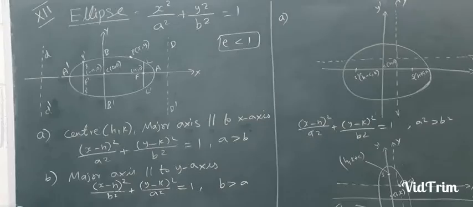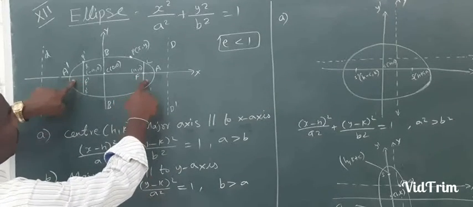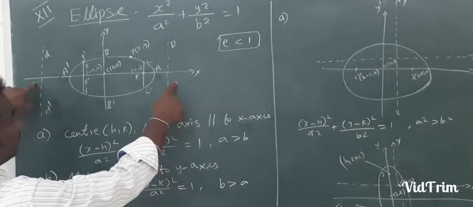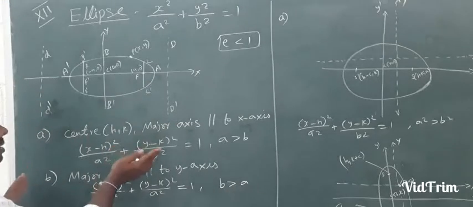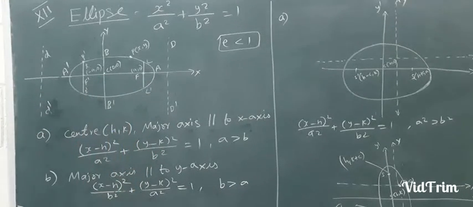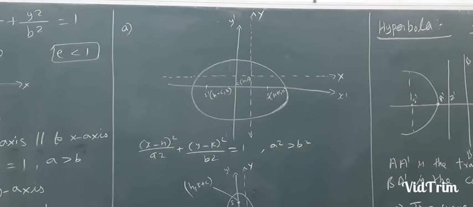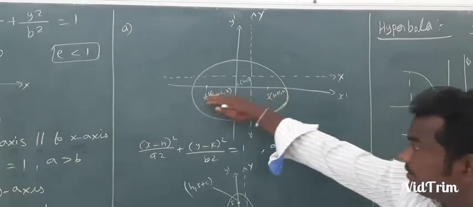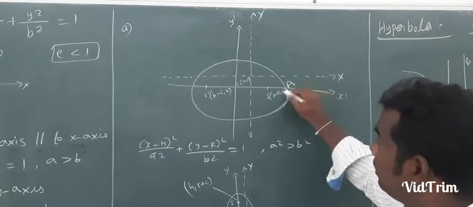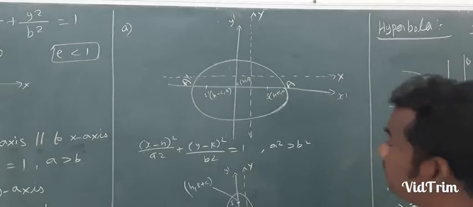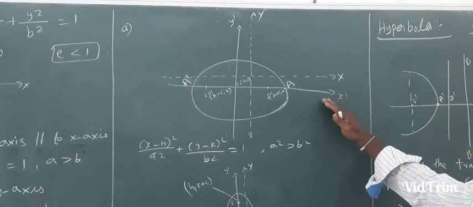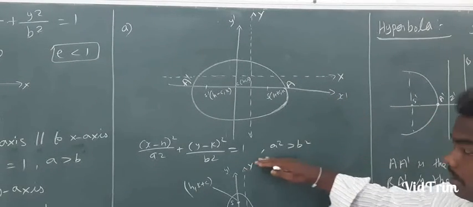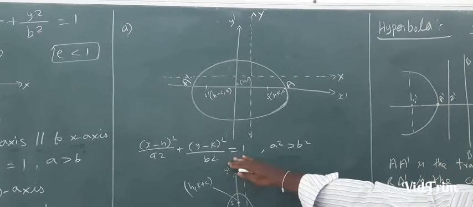Don't forget that we have two foci, two latus rectum, two directrices and two vertices, but the center is one. Suppose the major axis is parallel to the x axis: look at the picture, A A dash is parallel to the x axis, so the equation becomes like this.